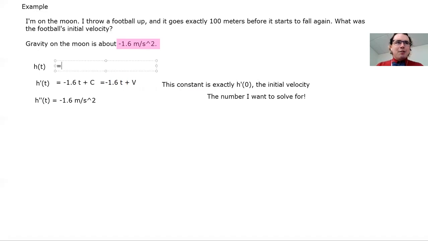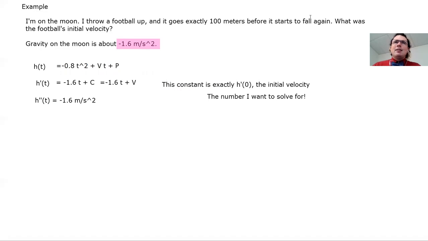What does my original function look like? It's going to be negative 1.6 all divided by 2, which is negative 0.8 times t squared, plus v times t, plus what? Some constant. My constant here is going to be my initial position.